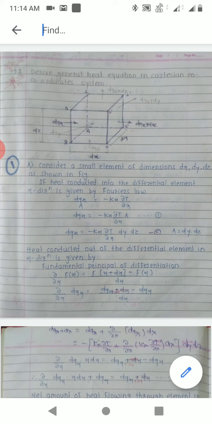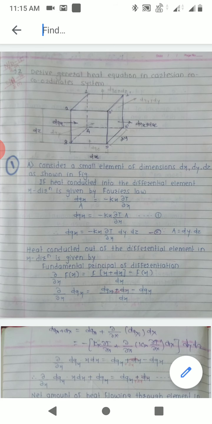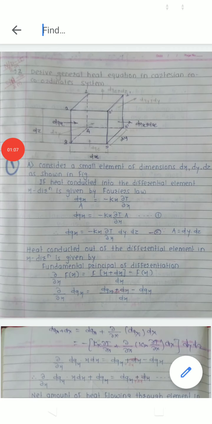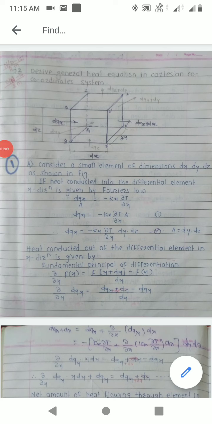Now what is dx? Dx is the length of that element along the x direction. Dy is the length of the element along the y direction, and dz is the length of the element along the z direction. Due to this, the volume of our element is dx dy dz, and the area is dx dy for the z direction, dy dz for the x direction, and dx dz for the y direction.